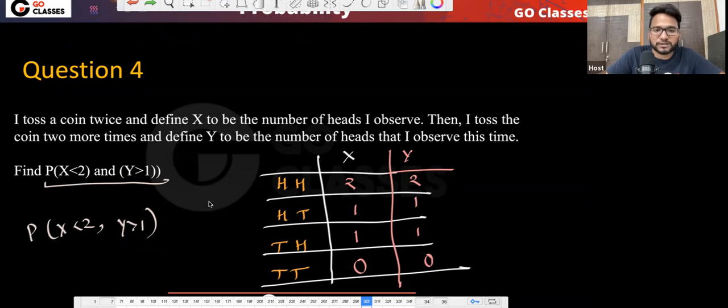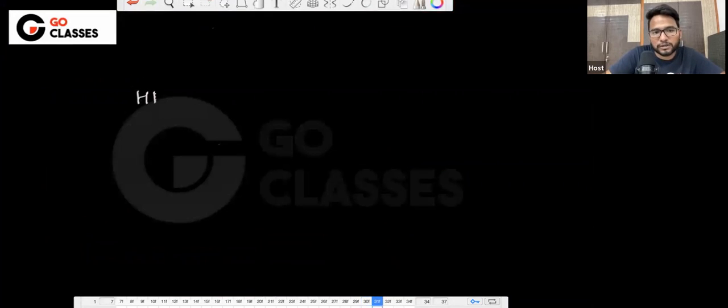No, the sample space is fixed. Sample space is this one only. One second. You're tossing it four times. I don't think it will matter, but let me write it.